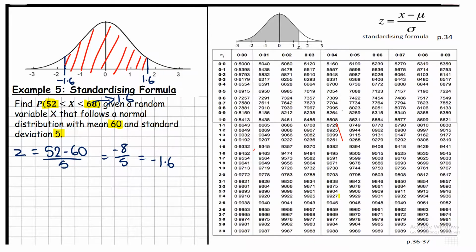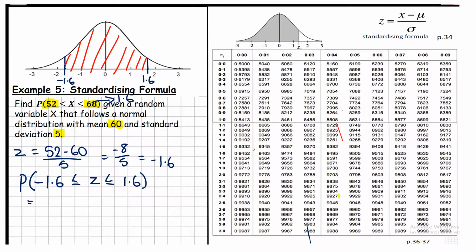Okay, so first thing we're going to do then is put it back in the form that we needed for the tables, and that's using z's. Instead of 52, we're going to replace that with minus 1.6. We're going to keep the inequalities the way they are. X now becomes z because we've standardized it, and it's going to go to 1.6.